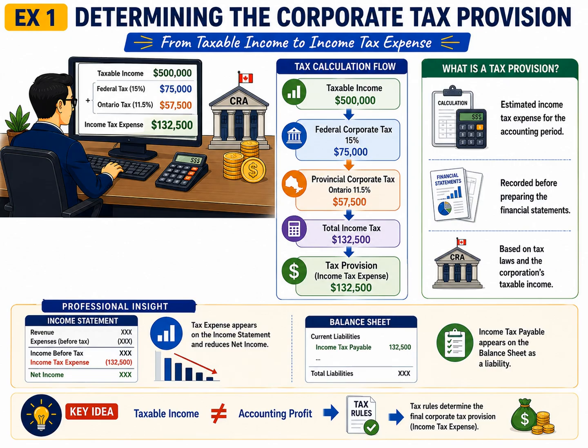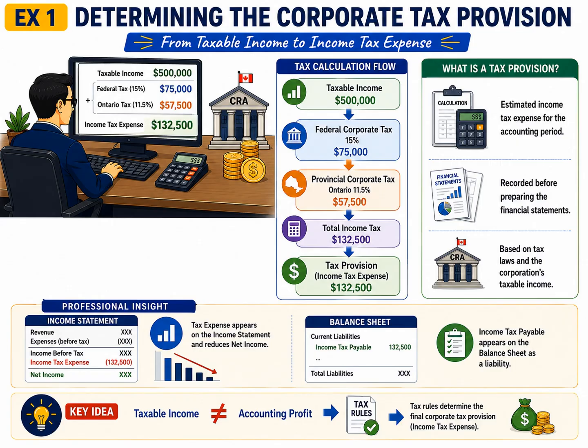The calculation begins with taxable income, which we determined after completing all the required tax schedules and adjustments. From there, we calculate the federal corporate income tax using the applicable federal tax rates. Next, we calculate the provincial corporate income tax based on the province in which the corporation operates.